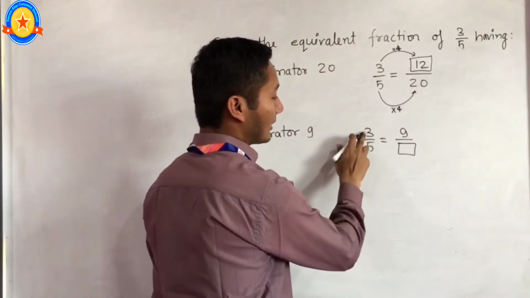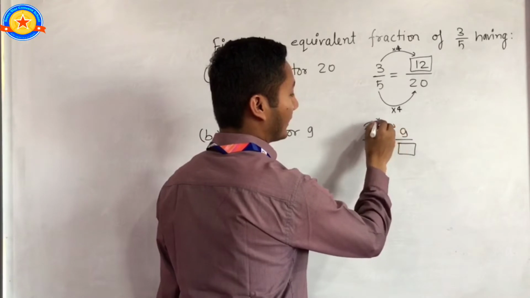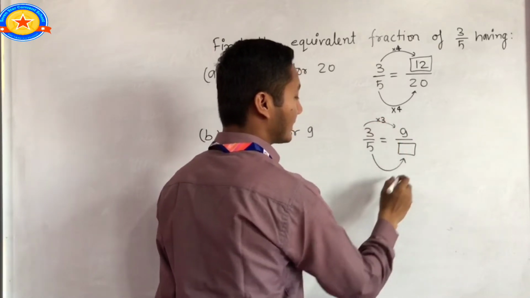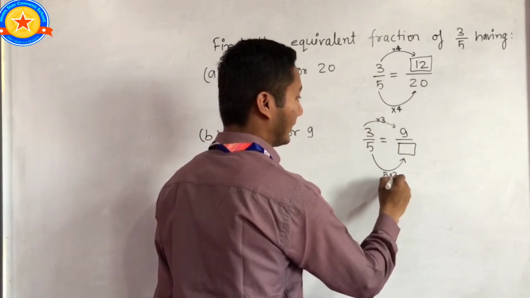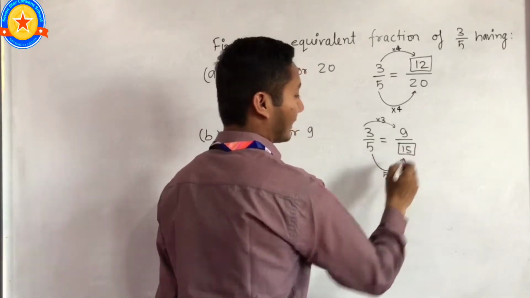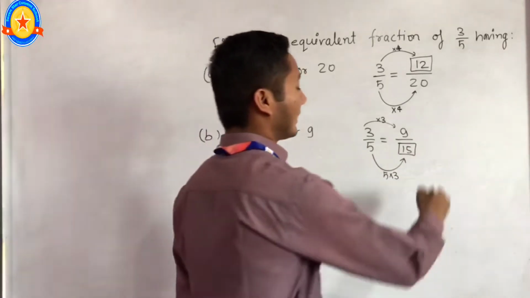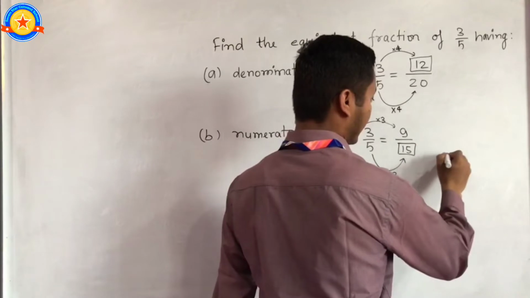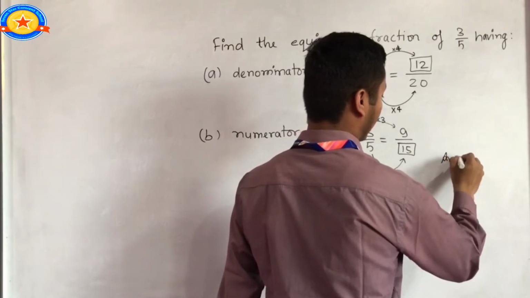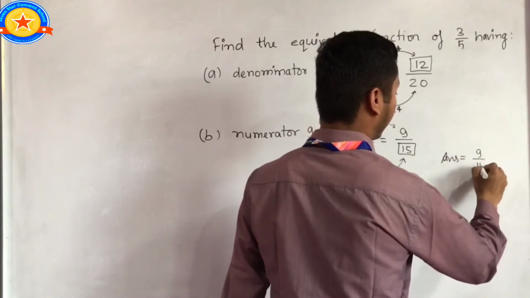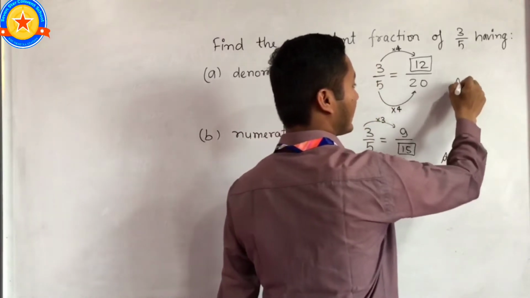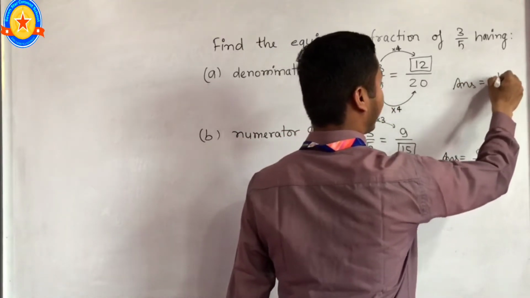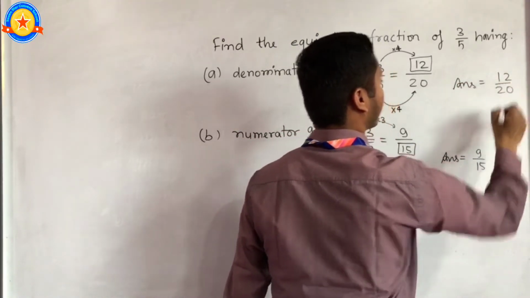Then 3 to 9 is multiplied by 3. Here 5 is also multiplied by 3. It becomes 5 3s are 15. That means our answer is 9 by 15. In the previous case, our answer was 12 by 20.